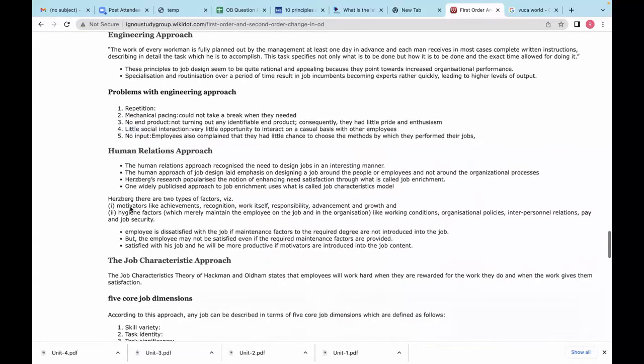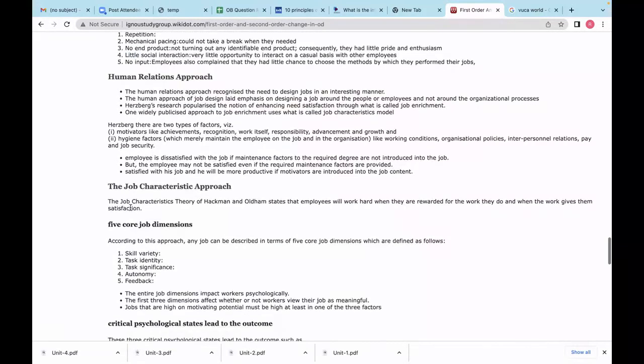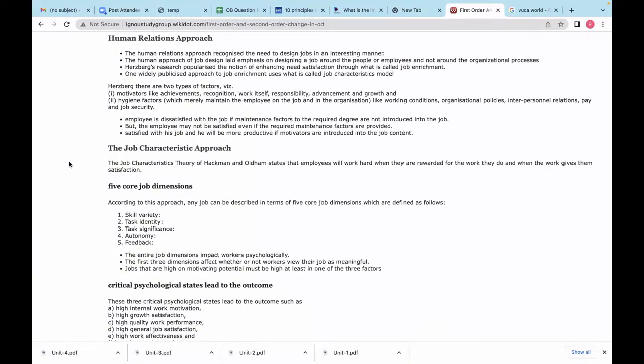Now we are going into the next one, which is the human relations approach, where the human is the central part of designing the job. In this approach, you mainly talk to the people, understand their needs, and then deploy them based on that. For example, you found that somebody wants to travel abroad, he has got a need, right?